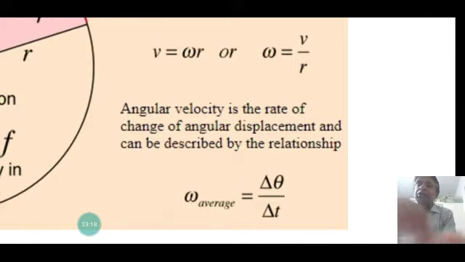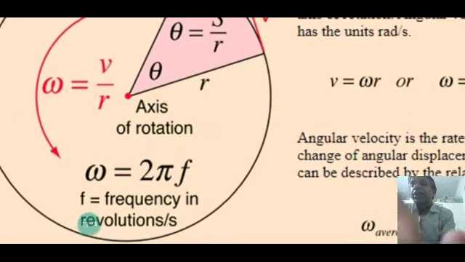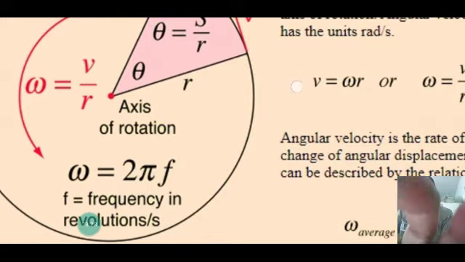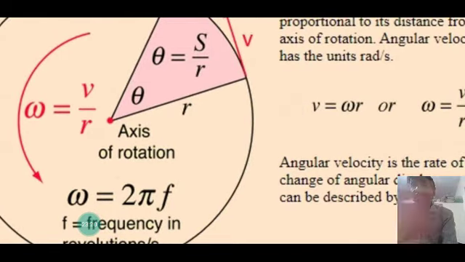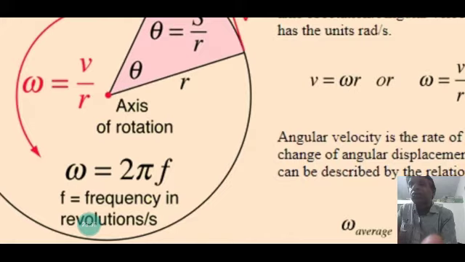Rate of change of angular displacement is called the angular velocity. One thing is clear here: omega, the angular velocity, is also given by v by r. Now we can say that omega is equal to v by r.